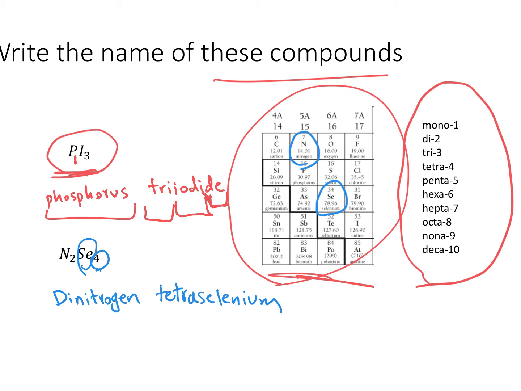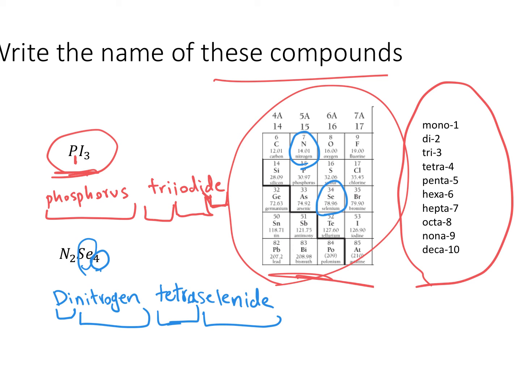Tetra. So you have di prefix plus name of the first nonmetal, then tetra, and then selenide, I guess. Selenide. That is the correct way of writing this.